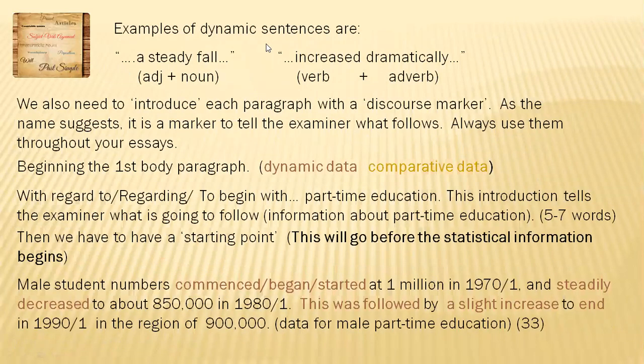So examples of dynamic sentences include the adjective noun: a steady fall. A fall is a noun, steady is the adjective. Verb, adverb. If it's past tense, the verb will be past, ed. There are some others, but these are the main 2.